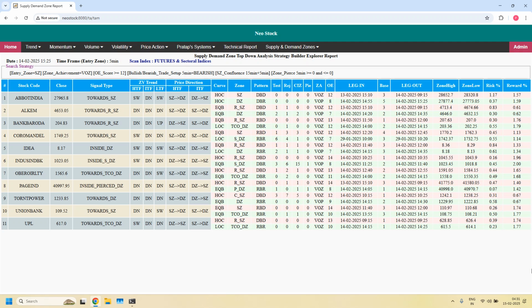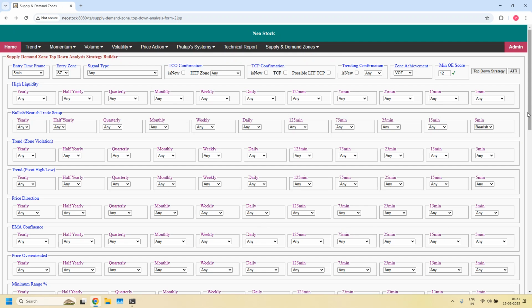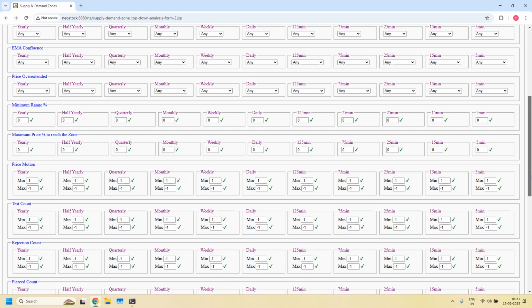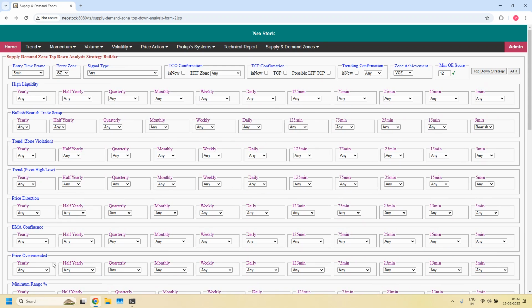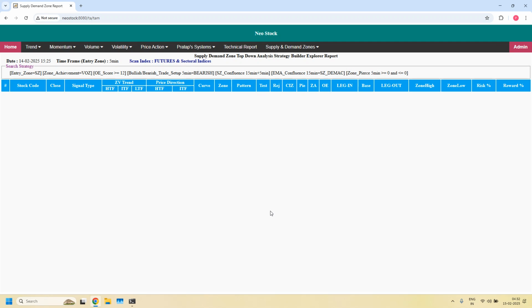Let's check if any of the 15-minute supply zones are having daily EMA confluence. So in the EMA confluence at 15 minutes time frame, I am setting the filter 15-minute supply zone having daily EMA confluence or not. So none of those 15-minute supply zones are having EMA.